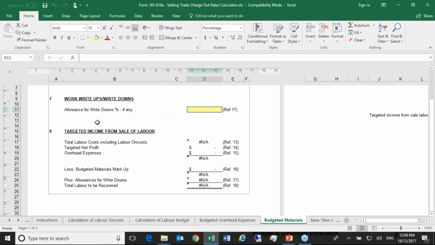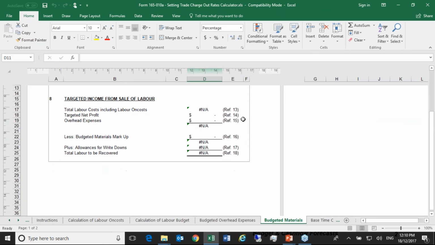In many trades businesses, there are write-offs. So if the business has a record that they do mark up 5% of their labour income, we've got provision for that to be inserted. And then the system will calculate the targeted income from sale of labour. We've got the total labour costs, including on costs, the net profit, and the overhead expenses.